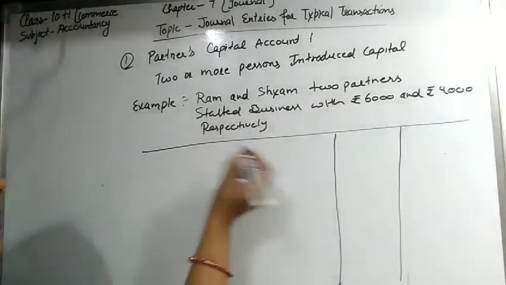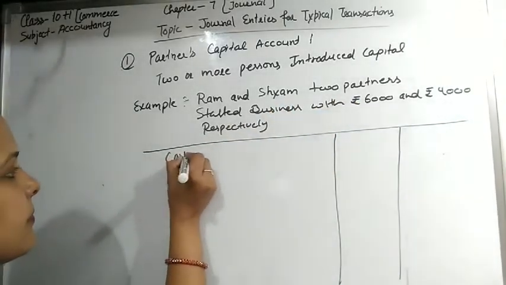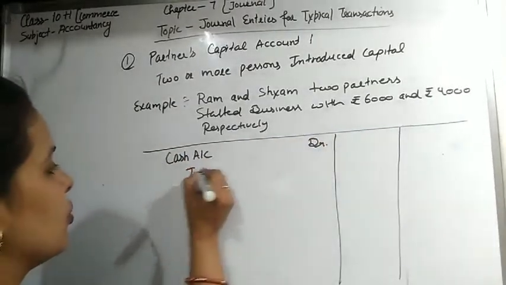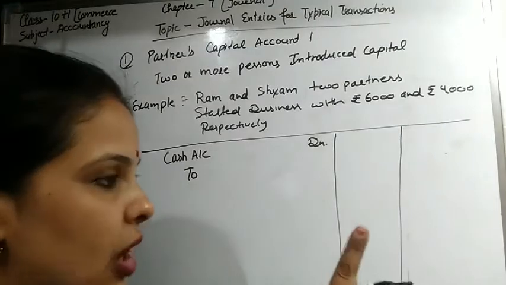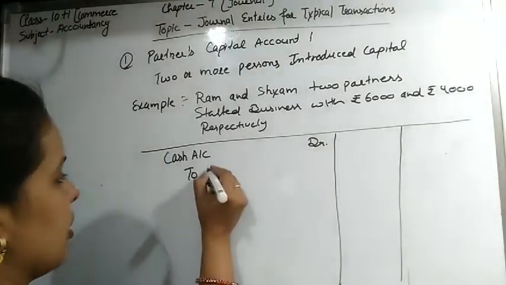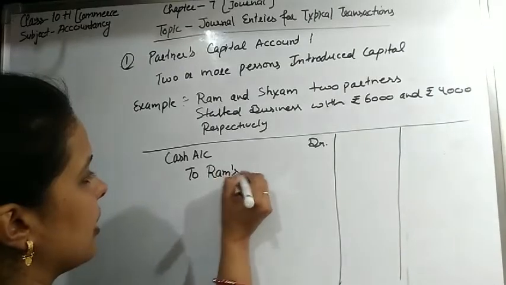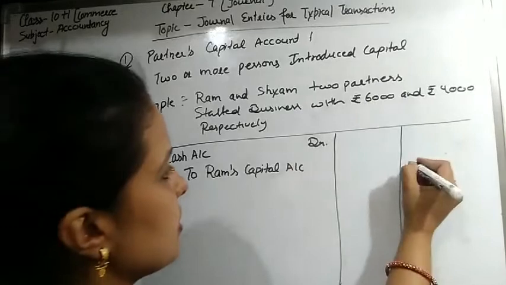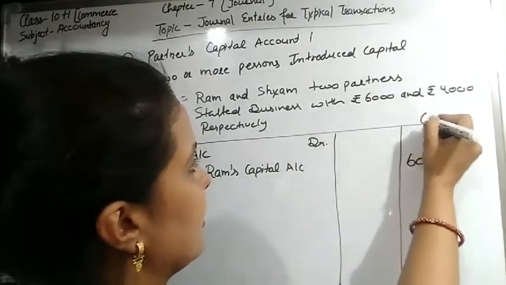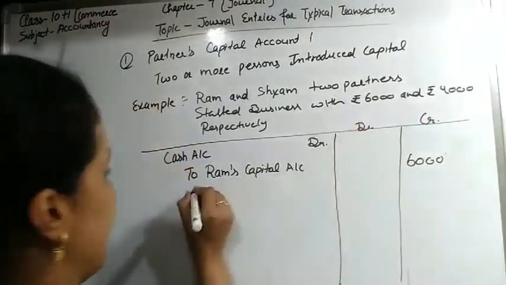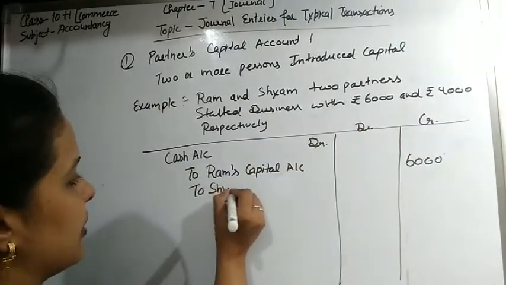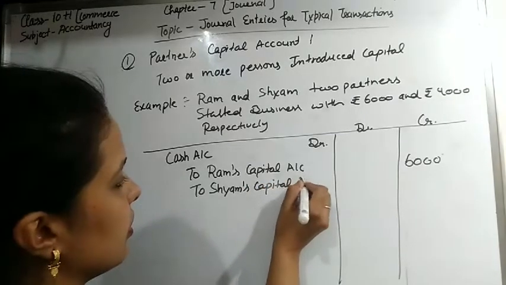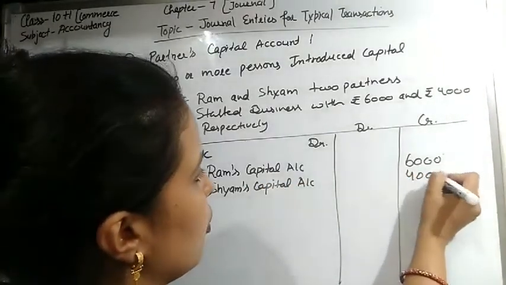When partners introduce capital, you pass the journal entry cash account debit to, now we credit the capital account with the name of the person: to Ram's capital account with rupees 6,000 on credit side, and to Sham's capital account with rupees 4,000.